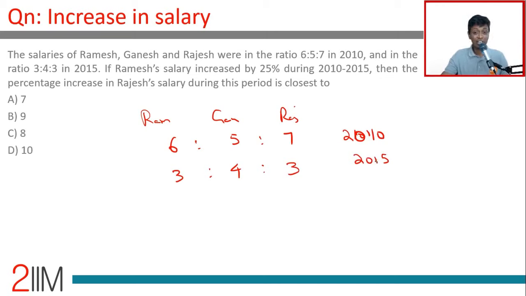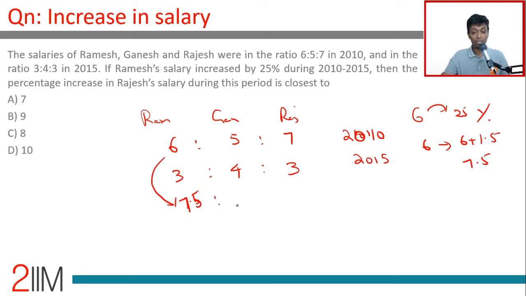If Ramesh's salary increased by 25% during 2010 to 2015, oh brilliant, 6 increases by 25%, or 6 will become 6 plus 1/4 of 6. 1/4 of 6 is 1.5, so it will become 7.5. This 6 becomes 7.5.